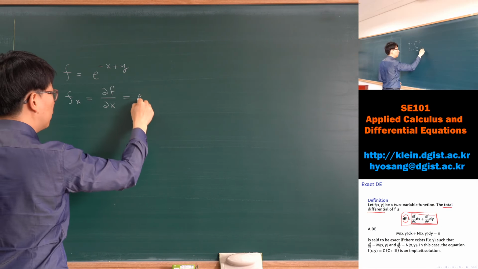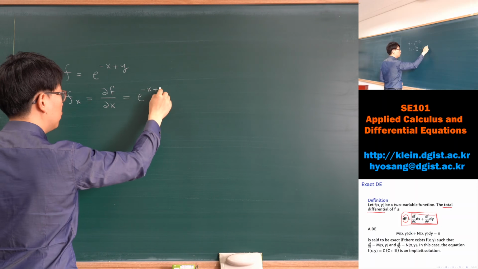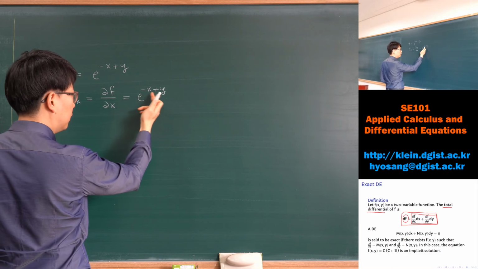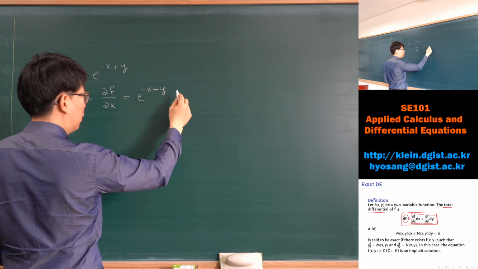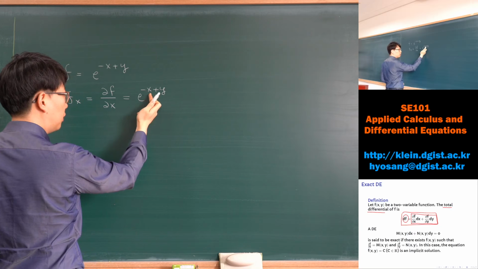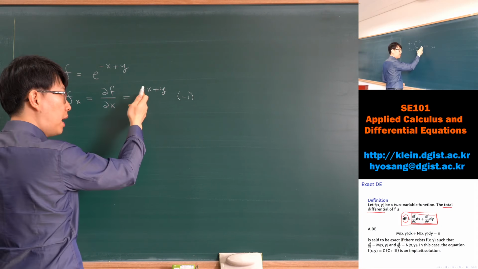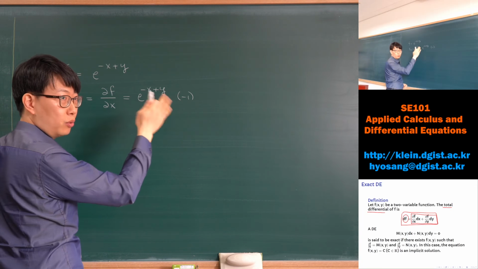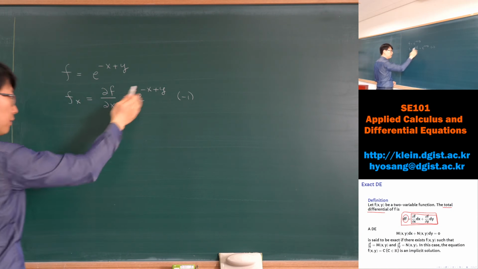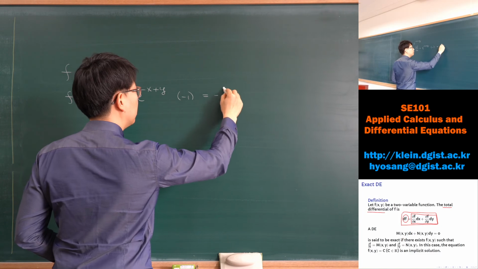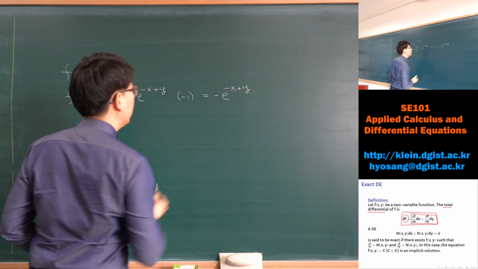By taking the derivative of the exponential, you get the same exponential function, and you also take the derivative of the composite function, the derivative of minus x plus y, so you get minus 1. You're not getting minus 1 plus y prime because y is not a function of x. So basically this is minus e to the minus x plus y.